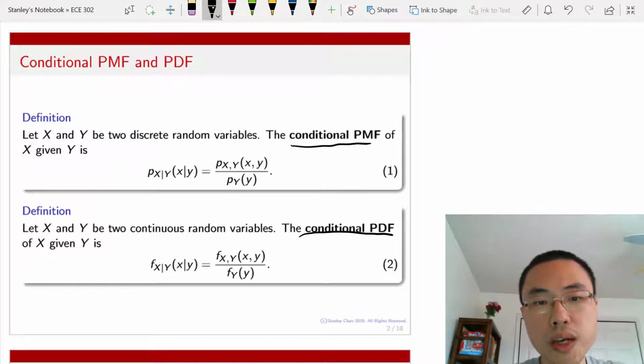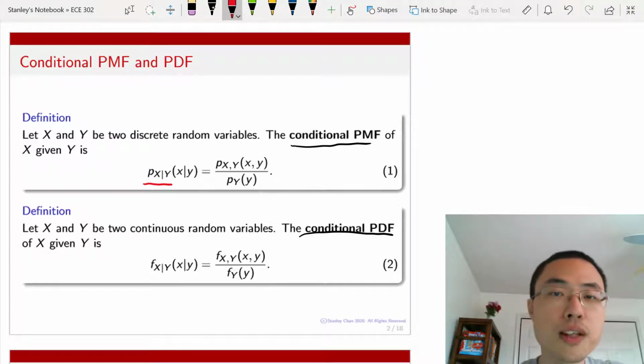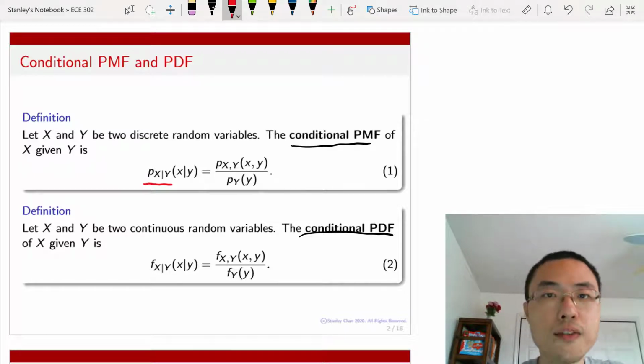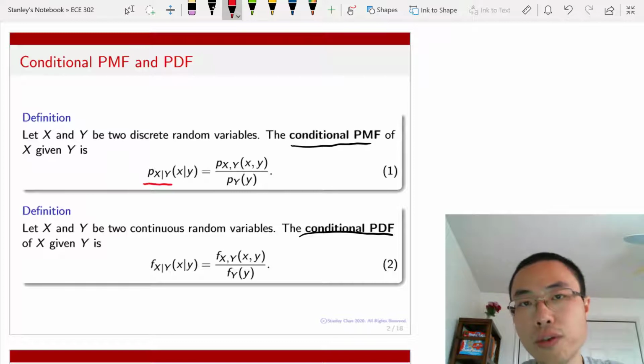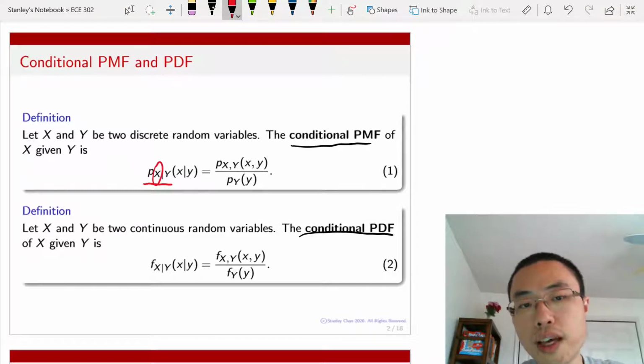The conditional PMF is defined in this way. On the left-hand side of this equation, we have the distribution of x given y. What it means is that if you have a pair of random variables, we assume that the y variable is fixed at a certain value, and then we look at the distribution of x.